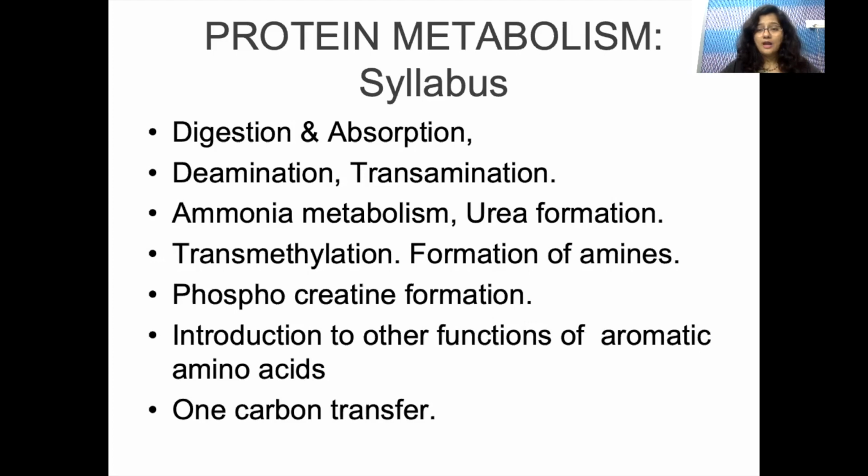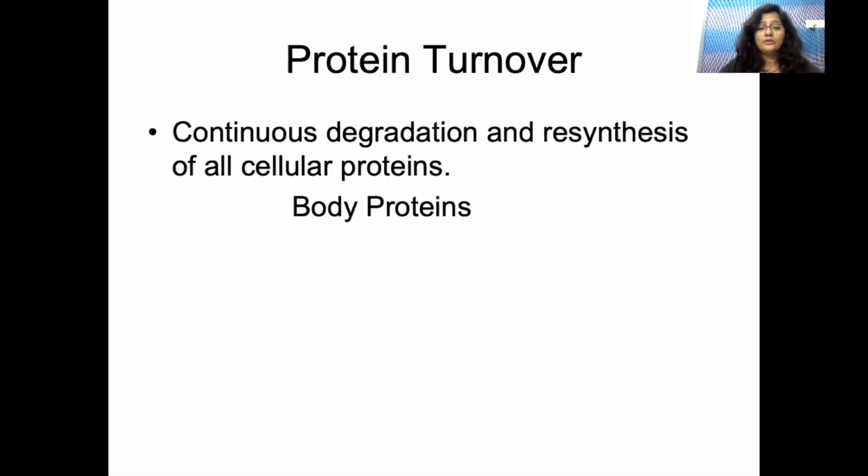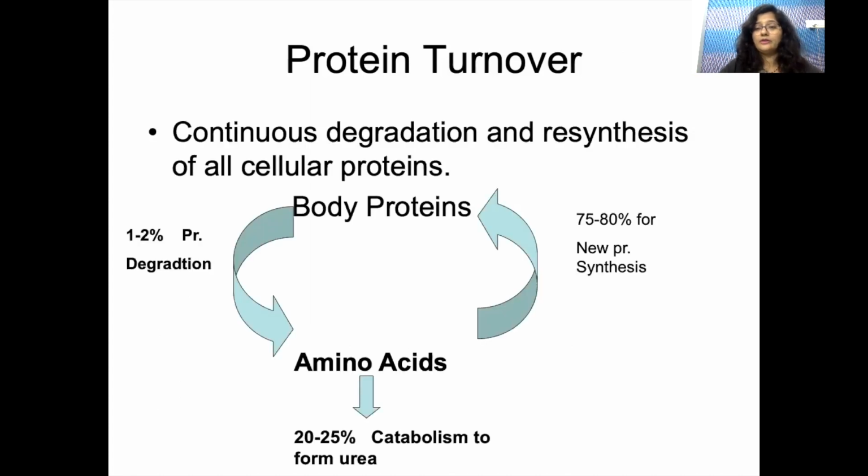So let's start with the first lecture and see some overview of protein metabolism. As we know, proteins are very important to our body, as they have a structural tissue function role and a dynamic action also. In a 70 kg man, every day around 300 to 400 gram of protein undergoes degradation.